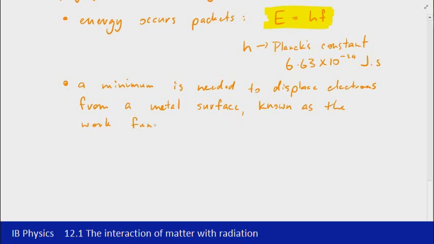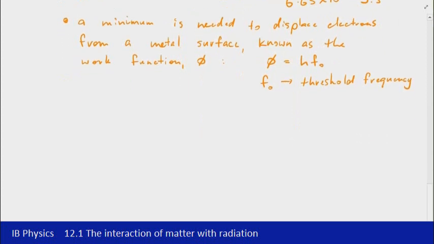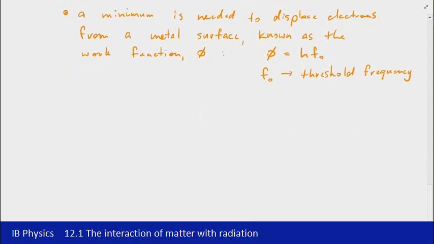The work function has the symbol phi, and the equation, not too dissimilar to the one above, is hf₀. Here, f₀ we're going to call the threshold frequency. So the work function is just an amount of energy that corresponds to the energy needed to remove the electron. Note that that's not an equation that's in the data booklet, but one that you'll need to have in the back of your mind.